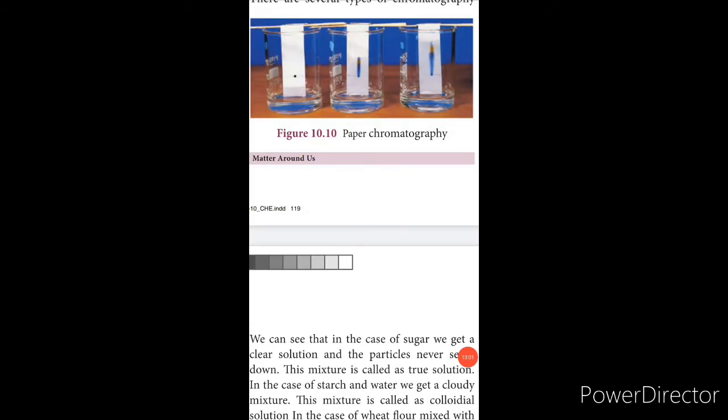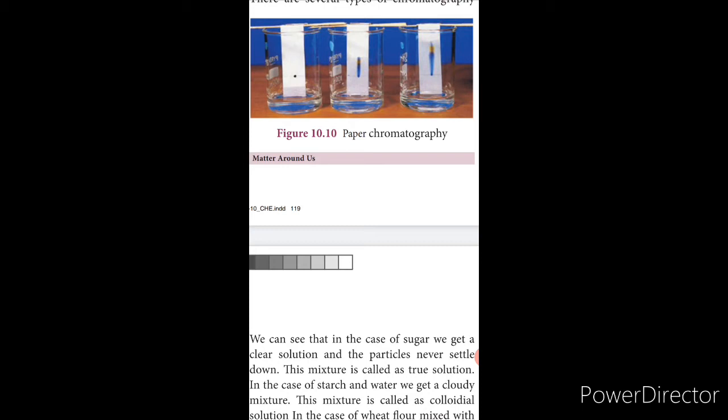Now I'll give an example, children. For example, you are going to mix salt and sugar in water. Now I have two beakers containing water. With one beaker I add salt, with the other beaker I add sugar. I'm taking the water to be equal, that is, 100 grams of water in both beakers.